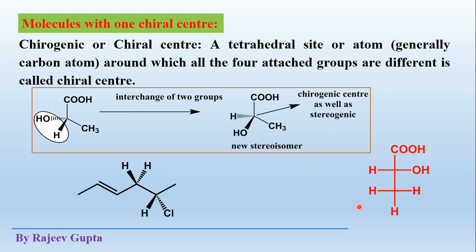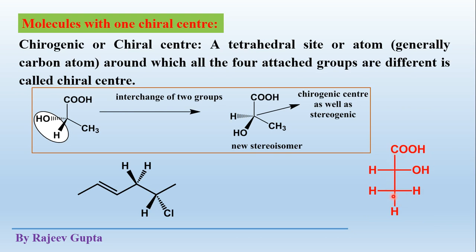Now see this molecule. It's a Fischer projection formula of 2-hydroxy propanoic acid, where we start numbering from up to down: 1, 2 and 3.